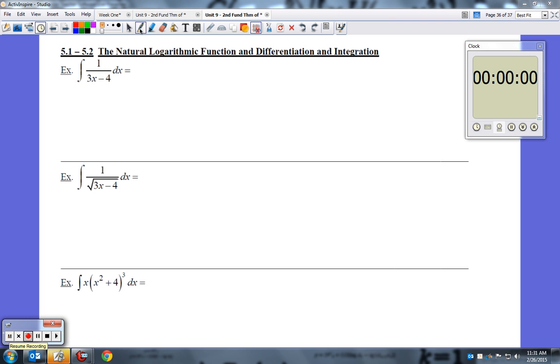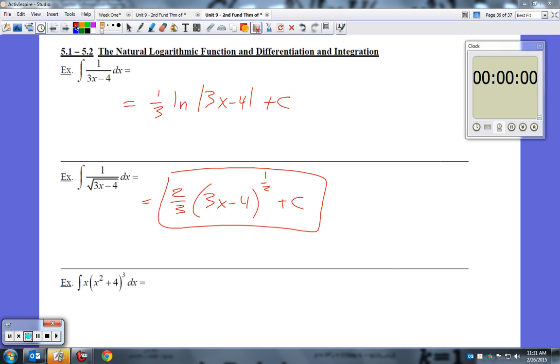All right, so real quick, for the sake of time, I'm not going to work all of these out because I want to work out one problem, but we'll give you the answers. This one is 1/3 natural log of the absolute value of 3x minus 4 plus C. The next one came out to 2/3 times (3x minus 4) to the 1/2 plus C, or you could put that as a square root.